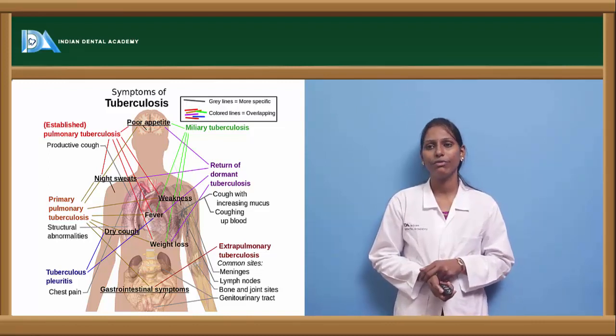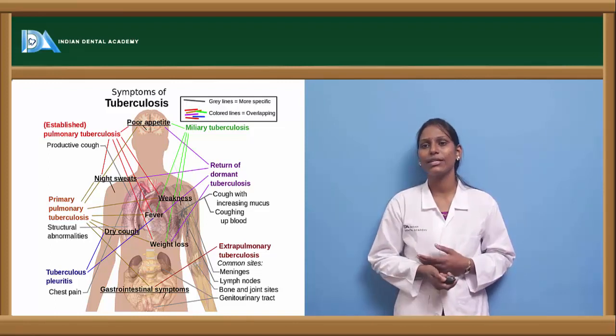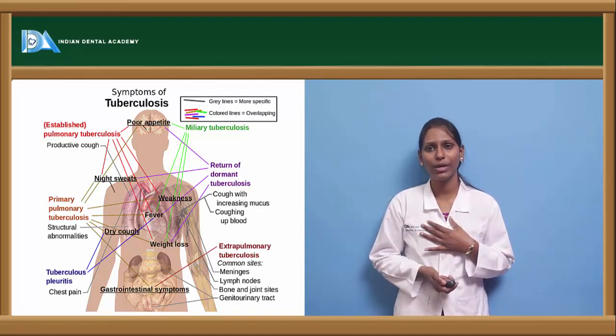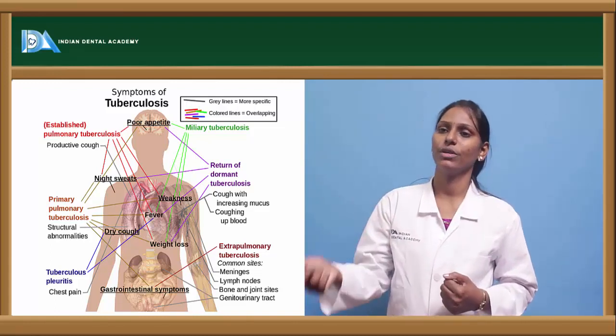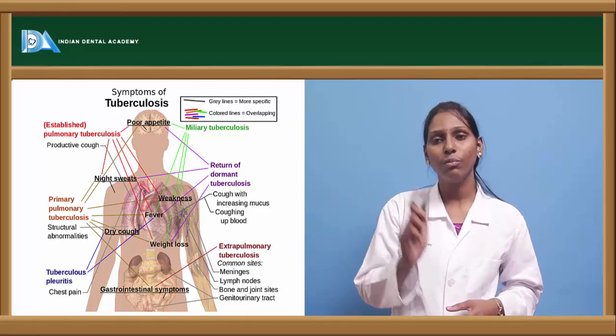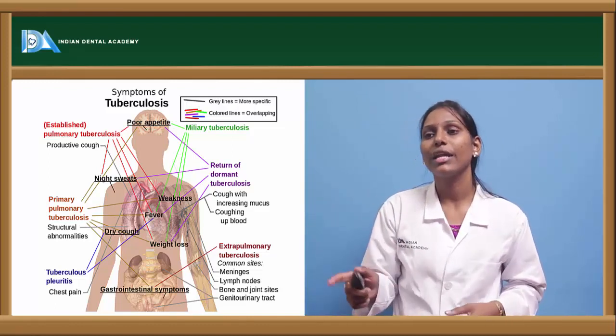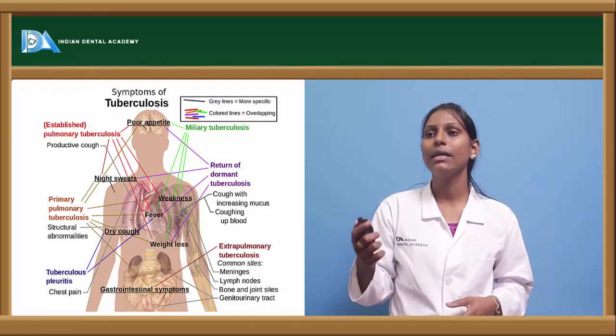Patients usually complain of weight loss. They have gastrointestinal symptoms such as anorexia and vomiting sensation. Chest pain, that is tuberculous pleuritis, can be seen. Extrapulmonary tuberculosis can also be seen, where the most common sites are meninges, lymph nodes, bone and joint sites, and the genitourinary tract. These are all the extrapulmonary tuberculosis sites.